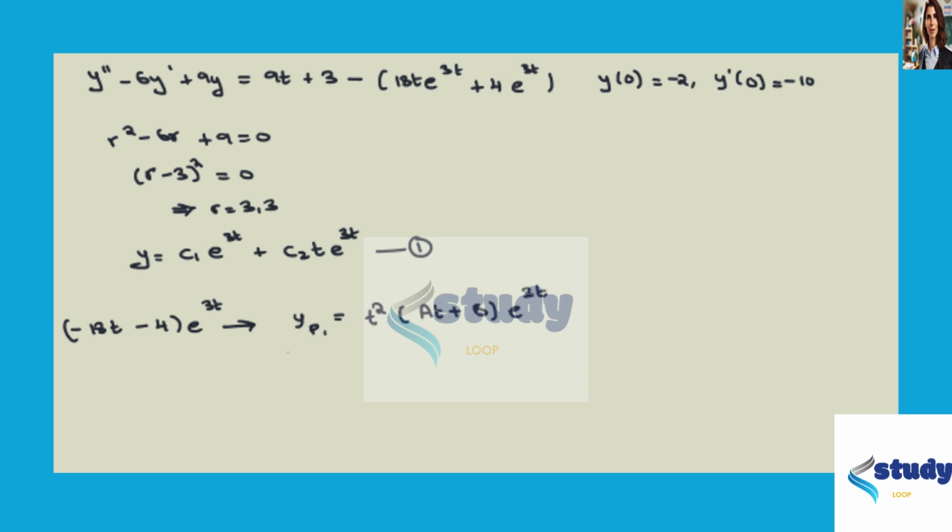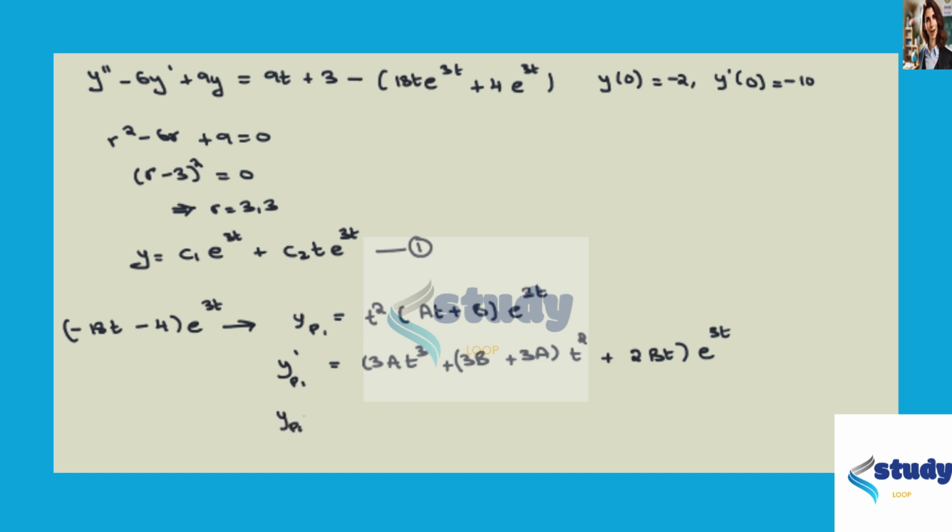Now let us differentiate this. Differentiating it for the first time, we obtain (3a t cubed + (3b + 3a) t squared + 2b t) multiplied with e^(3t).